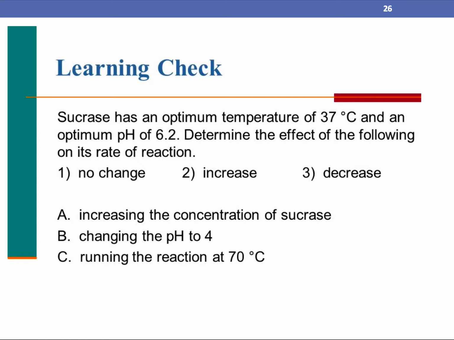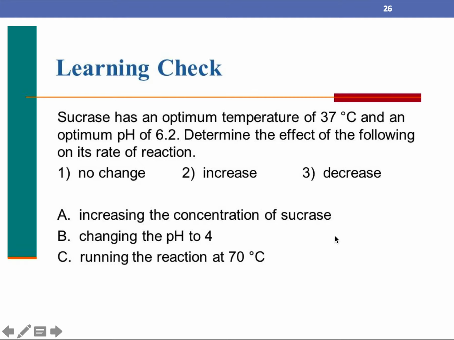So let's do a learning check. If you have sucrase, which has an optimum temperature of 37 degrees and optimum pH of 6.2, and you are to determine the rate of reaction of sucrase: generally, at a specific concentration, if you increase the concentration of sucrase, there should be an increase in the rate of reaction.